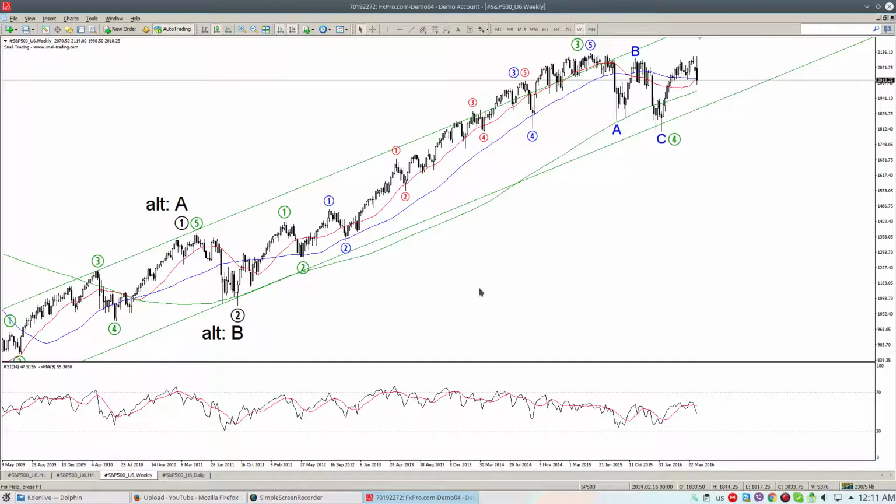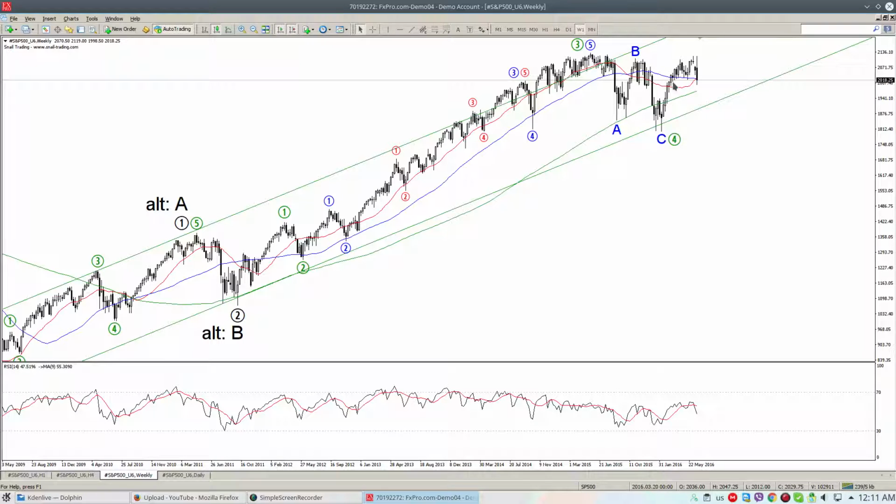Last Friday we saw that the index reversed lower and finally closed below the 55-week and the 21-week SMAs. This is the first time that the index closed below these SMAs since March 2016.